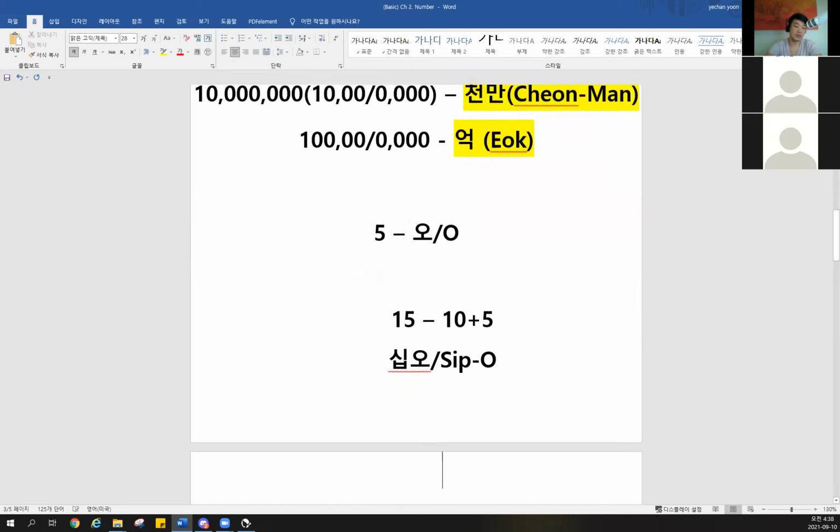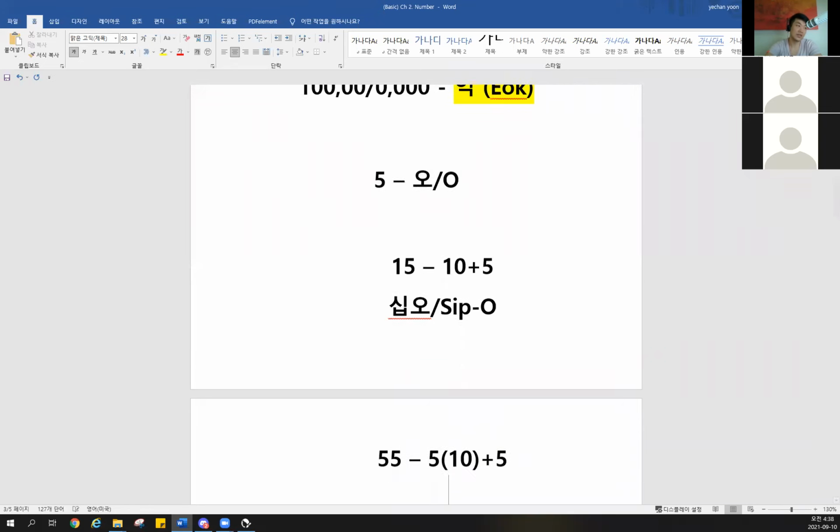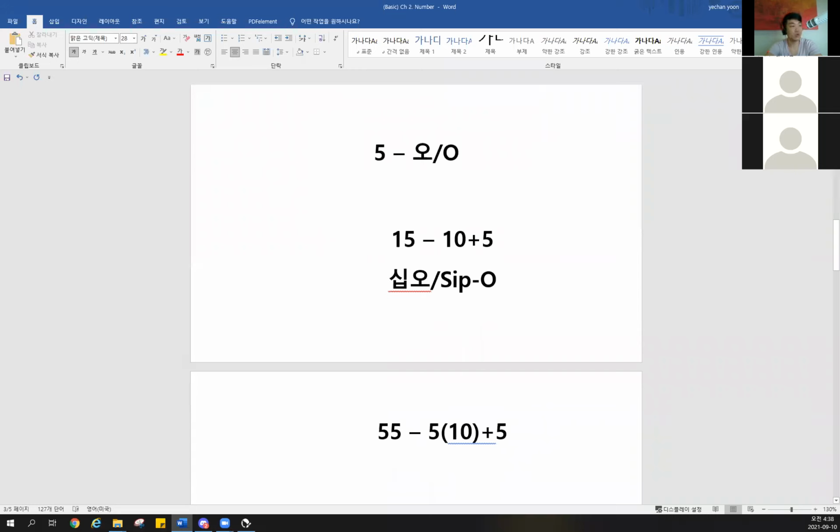Then how about 55? I'm going to give you a hint on how to write down the format. The first number has to come out first, and then which position is it? It's the 10th position. Next one is going to be 5, right? So what was the 5?